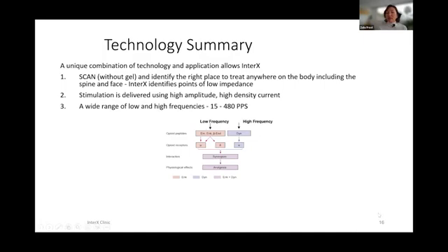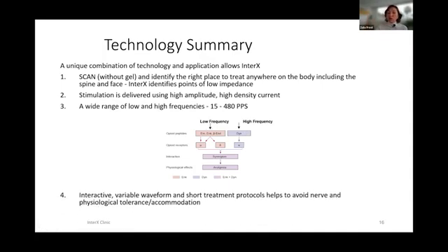And what science is telling us is that if we employ a low frequency pulse, we release one type of endorphins. If we employ a high pulse, we release, for example, dynorphin, a different type of endorphins. So collectively, we increase the range of endorphins and neuropeptides. And this is all happening interactively, the waveform is constantly changing, and this prevents accommodation to our treatment.